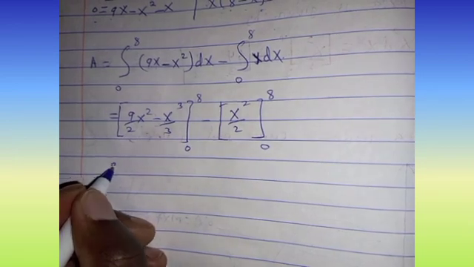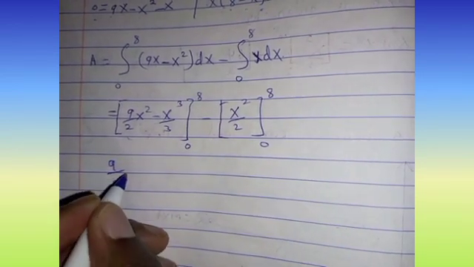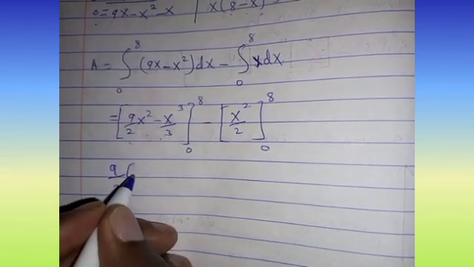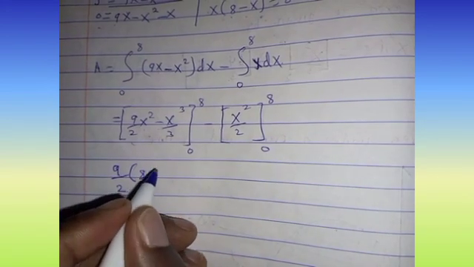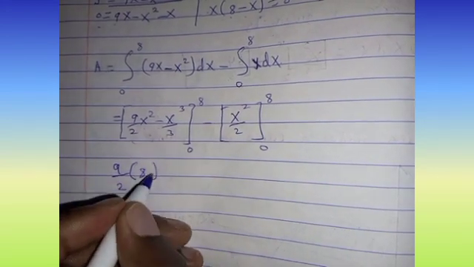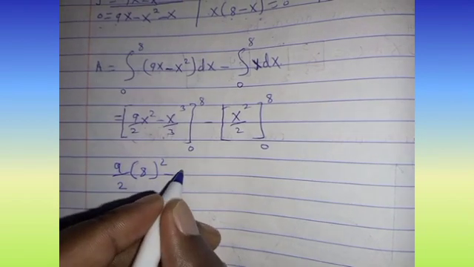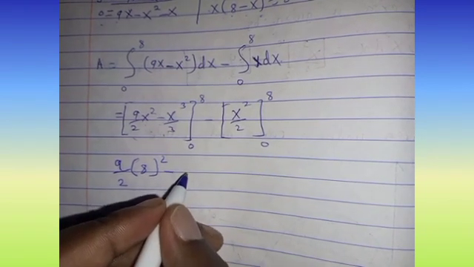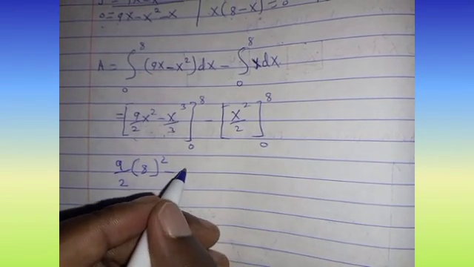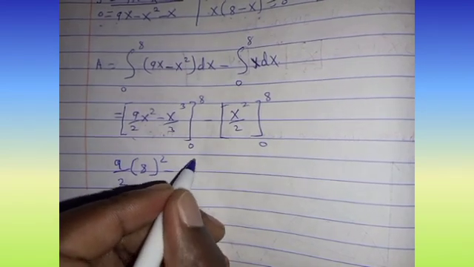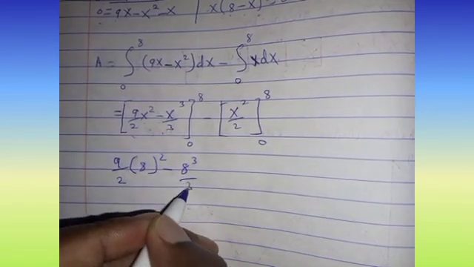So here we are going to have 9 over 2 into bracket 8 squared minus 8 cubed over 3.